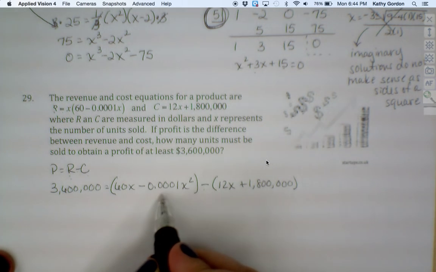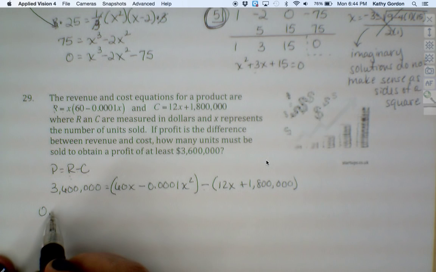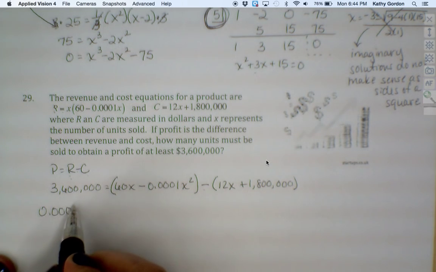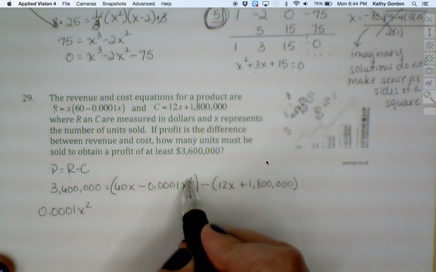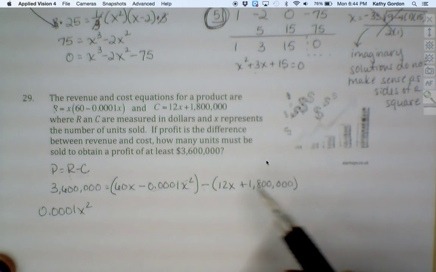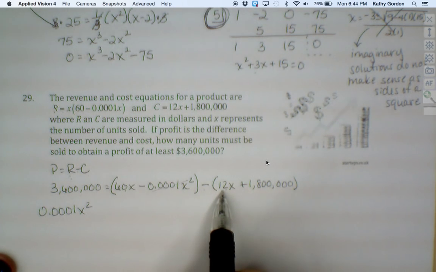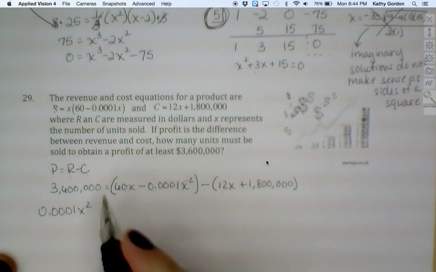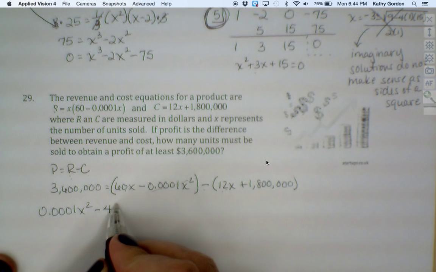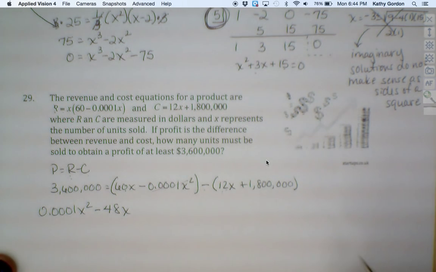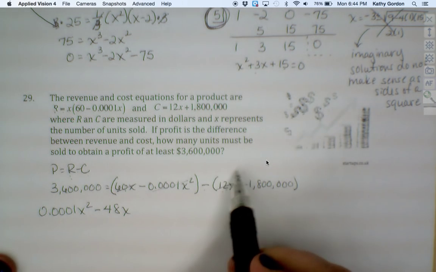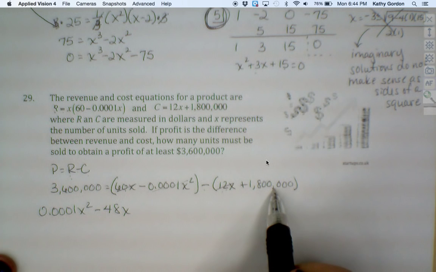So I'm going to add my x squared term. Then I have a positive 0.0001 x squared. Okay, takes care of that. I'm going to combine my x's here. So 60x minus 12x is 48x. And then I'm going to move it to the other side so I get a minus 48x. Takes care of those two. And then I need to remember this negative also gets distributed to this 1.8 million.